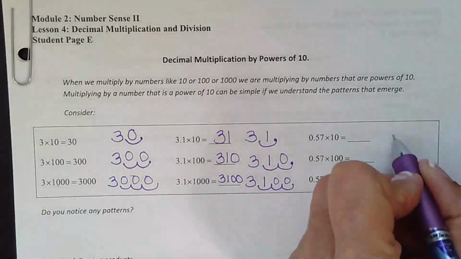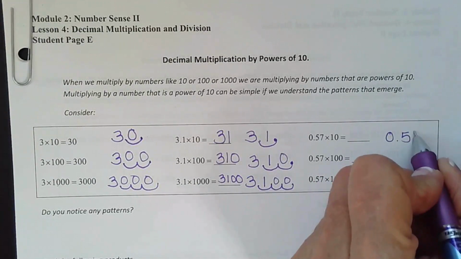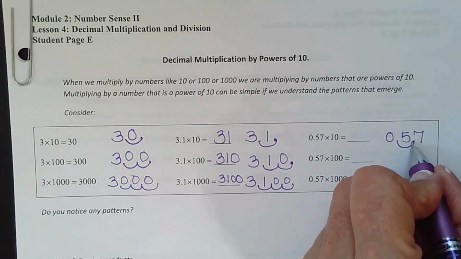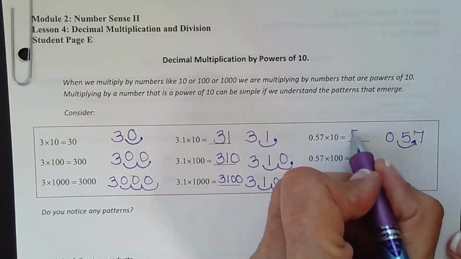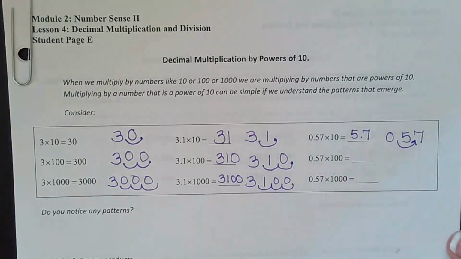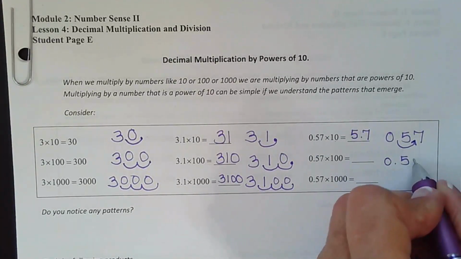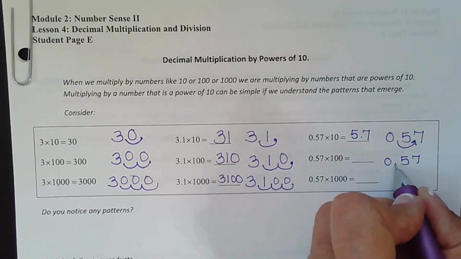Okay, so 0.57. When I multiply that by 10, I move the decimal place 1 to the right. So that turns this number into 5.7. We don't have to keep the 0. 0.57, when I multiply by 100, that says move it 2 places to the right.